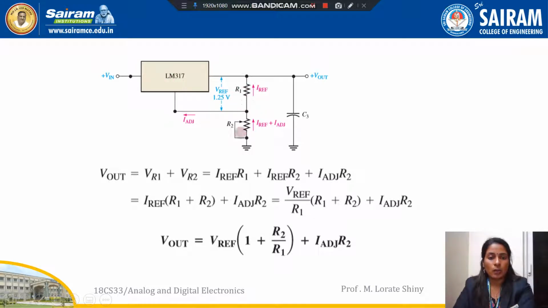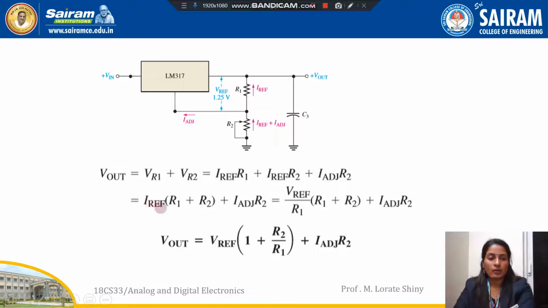Two resistors R1 and R2 are acting as a potential divider, and the capacitors are connected across the potential divider resistors. Here the V0 can be calculated by the formula VR1 plus VR2. VR1 plus VR2 is equal to I reference R1 plus I reference R2 plus I ADJ, the adjustable current, into R2.